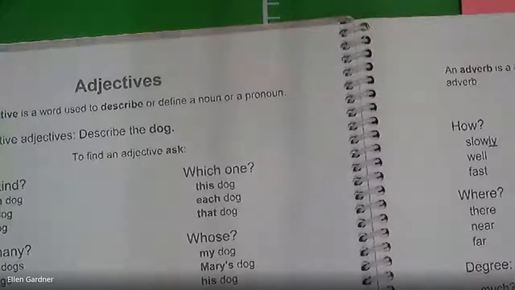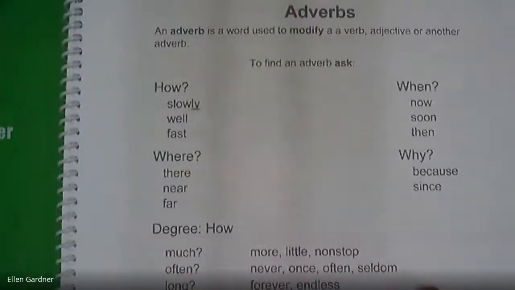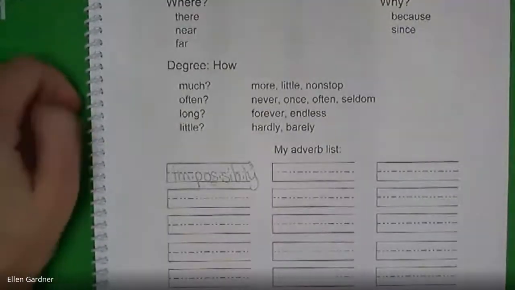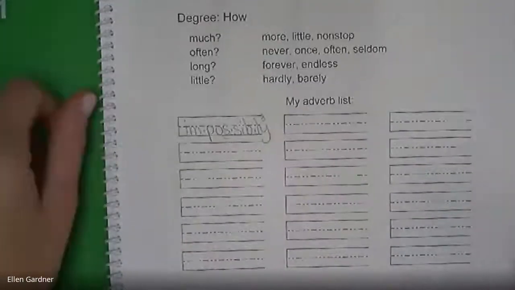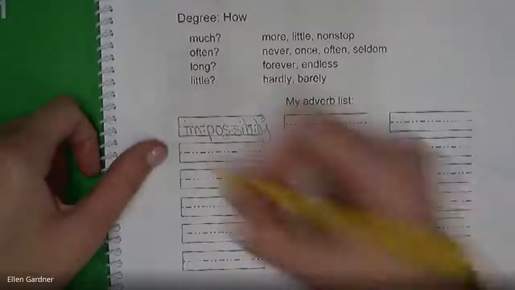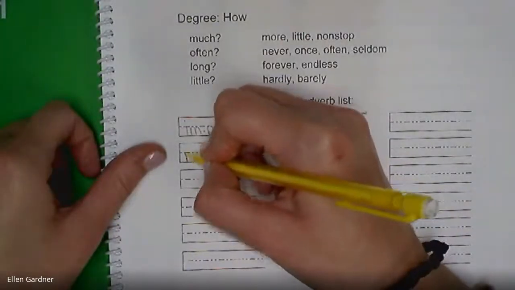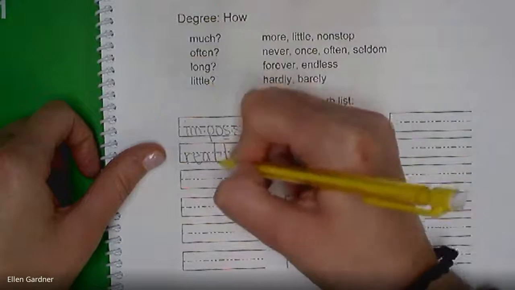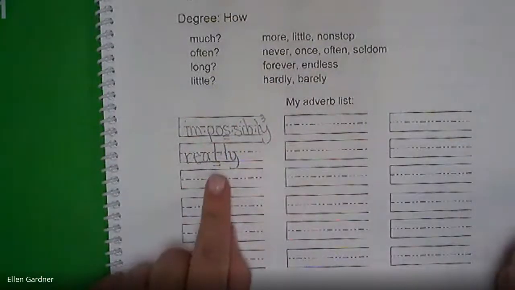Let's sort our words in a couple of places now. I first want to move over to page 29. 29 is our adverb page. We already have that word impossibly. Let's add the word really. Really. Oh, I forgot to double underline that "ul" in the last one.